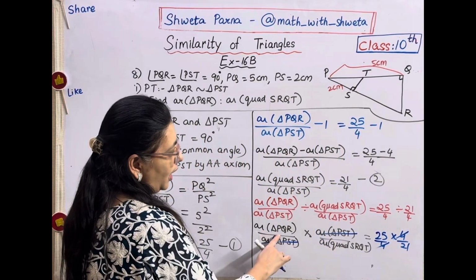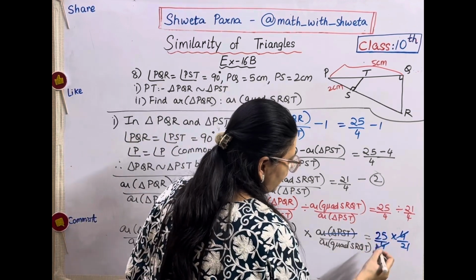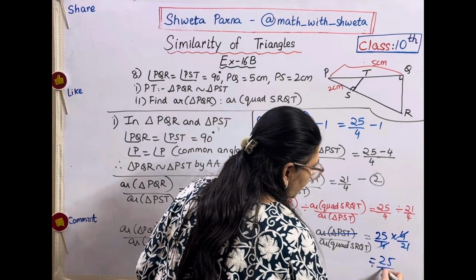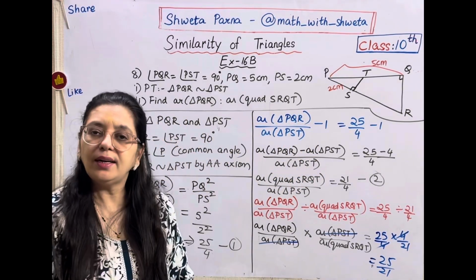What you needed, area of triangle PQR to quadrilateral SRQT, the answer is 25 upon 21. I hope it's clear. Come on, let's go to the next question.